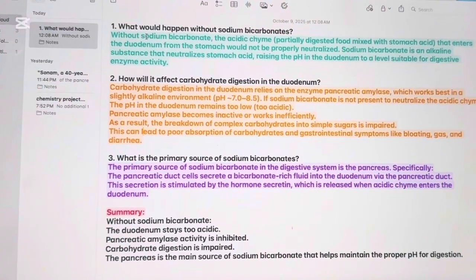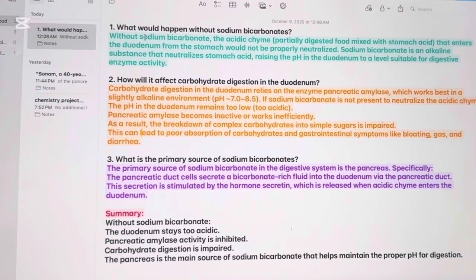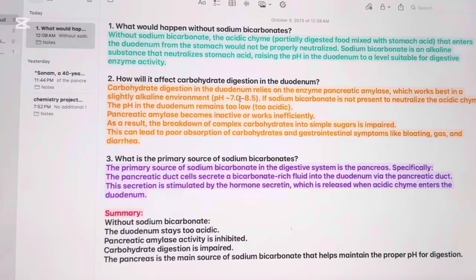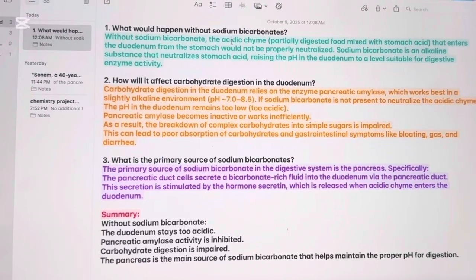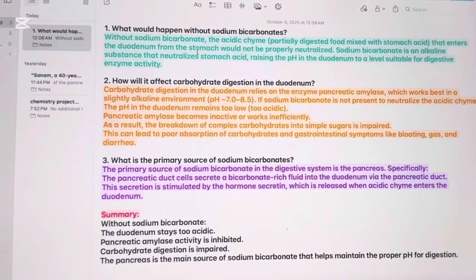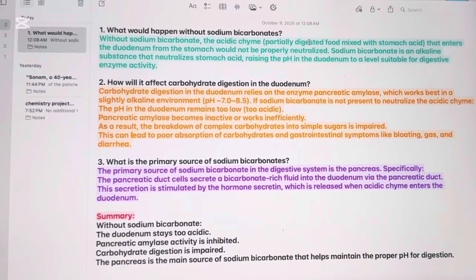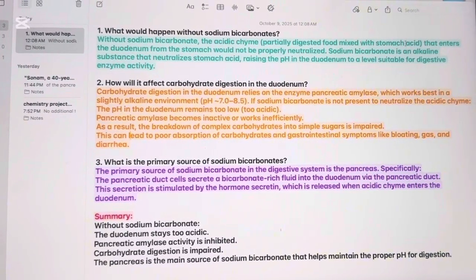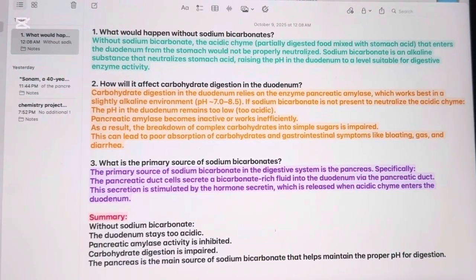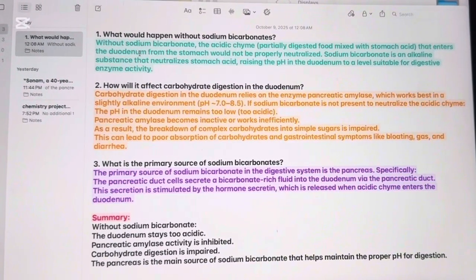Again, I want you to take a screenshot of this and go through. So what would happen without sodium bicarbonate? Without sodium bicarbonate, the acidic chyme, which is partially digested food mixed with stomach acid, is coming right from your stomach and entering the duodenum.